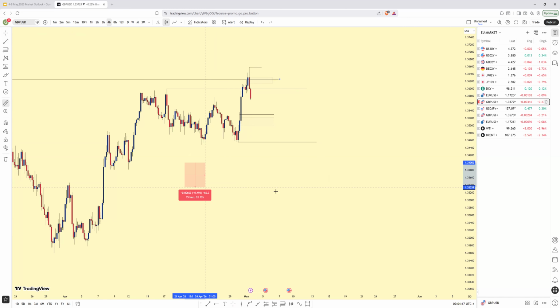We're expecting the market to hold within this area. But my first target is actually here, on this level. So if you're looking to sell pound USD, you can sell pound USD into this level.